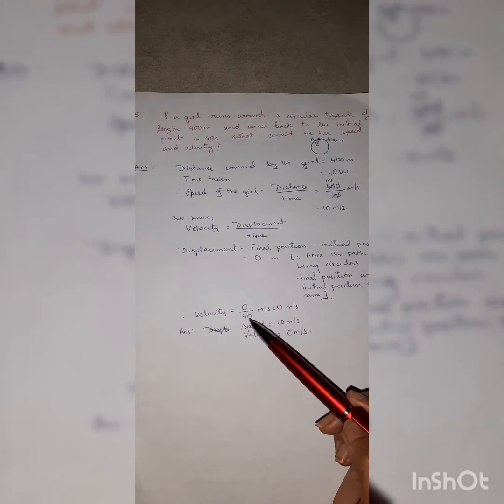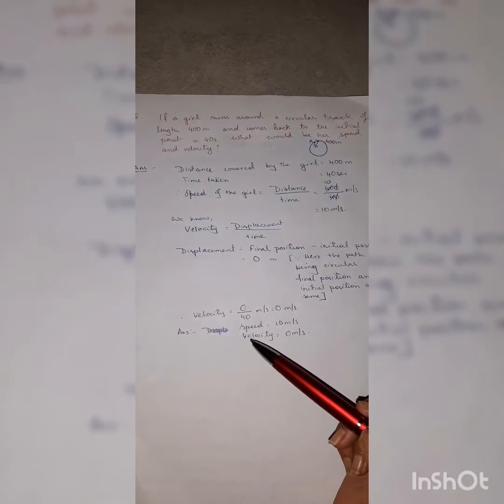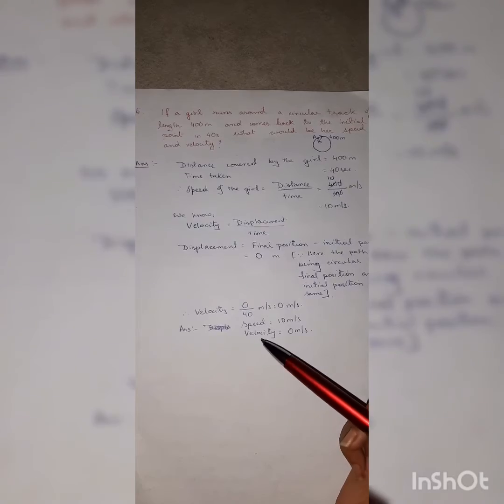Since the path is circular, the final position and the initial position both are equal. See, point A and point B both are same. So the displacement equals 0 meter. Velocity therefore will be 0 by 40 meter per second equals 0 meter per second. So your answer stands as speed equals 10 meter per second and velocity equals 0 meter per second.